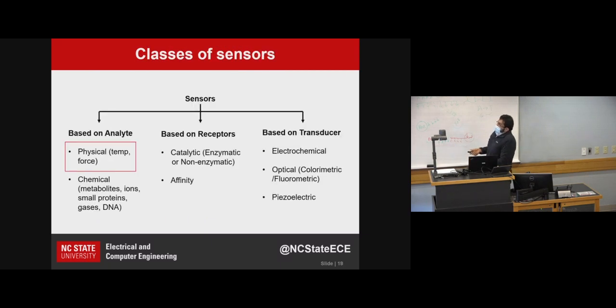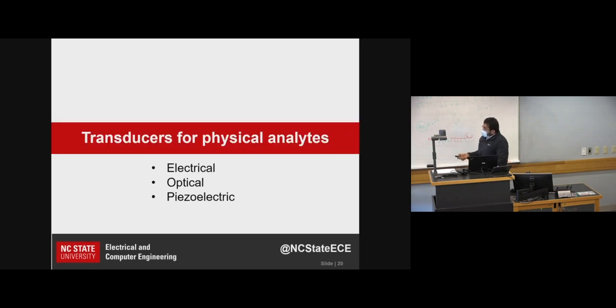Okay, so we talked about chemical sensors, different types of receptors, transducers. Now let's talk a little bit about physical analytes, say temperature and force. Again, as expected for physical analytes also, we have electrical, optical, and piezoelectric. Now, there's a slight difference between the major components of sensors for physical analytes.